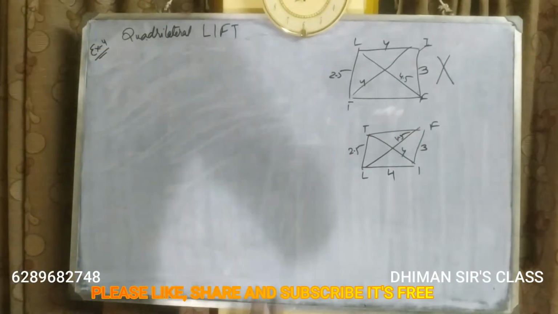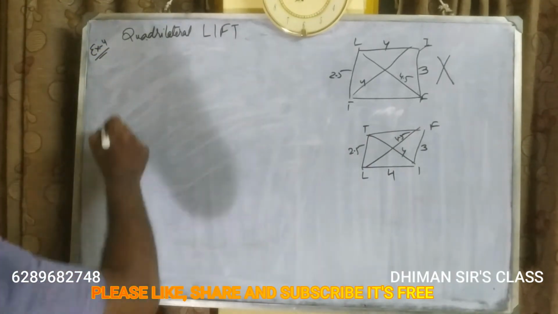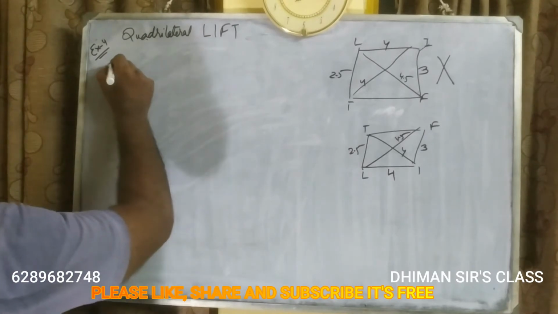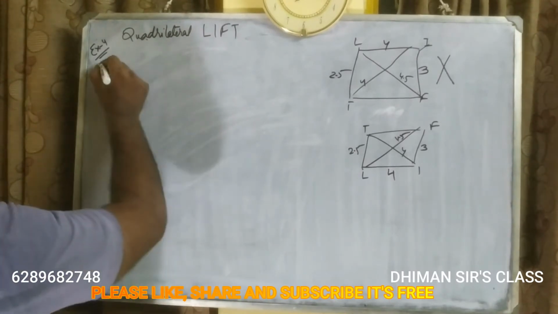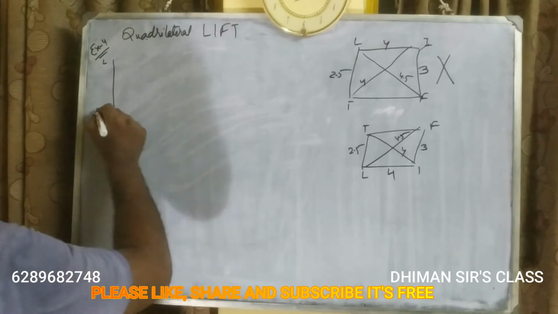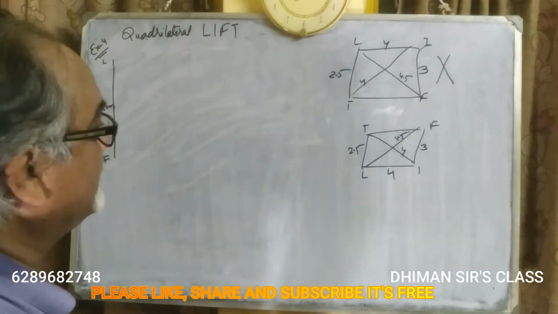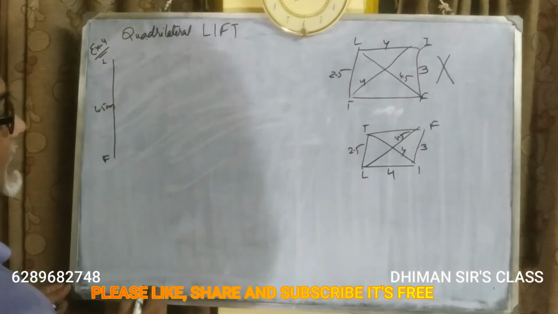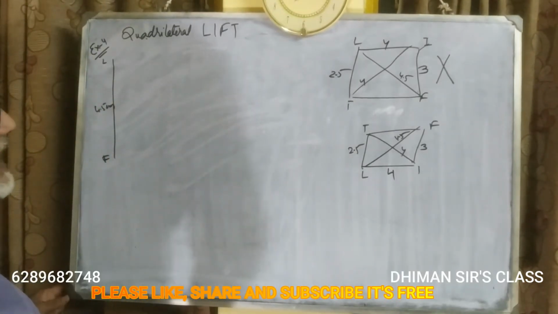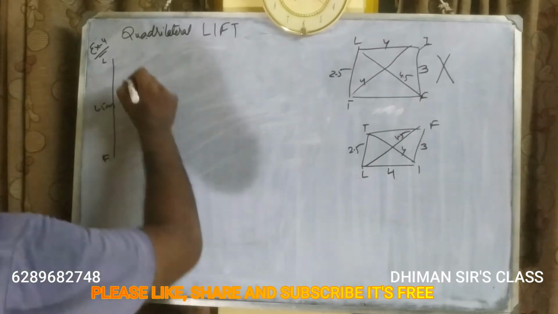So, draw the lines. 4.5 centimeter is LF. Then 4 centimeter is TI as well as LI.